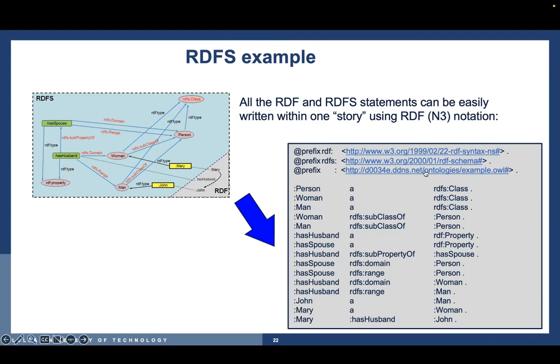So person is a class. Woman is a class, a subclass of, and such. And the syntax is defined in these prefixes above. And one of the prefixes here points to a specific ontology where all this knowledge will be saved.